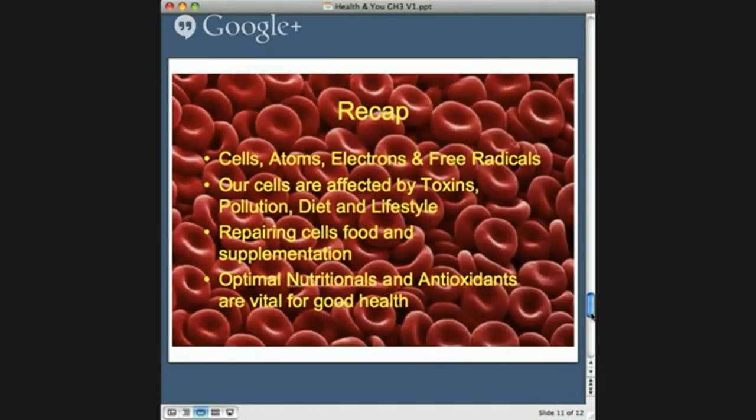These electrons are broken off because of toxins, pollution, diet and lifestyle. Repairing cells can be done through our foods or through supplementation. Optimal nutrition and antioxidants are important for good health of our cells and of each of the atoms.